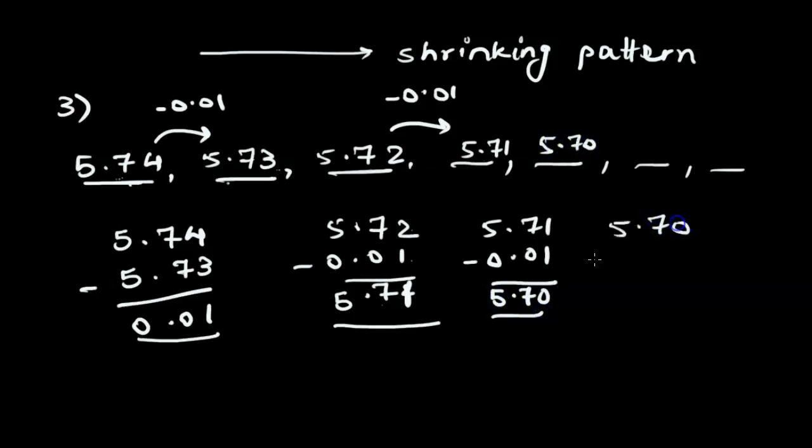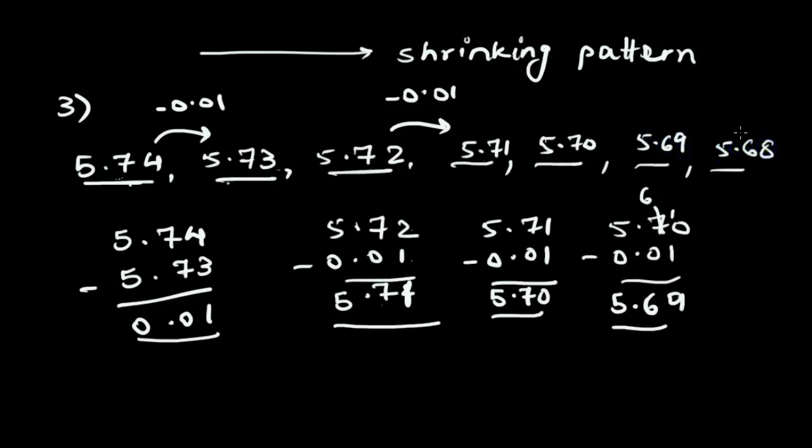Next we do 5.70 minus 0.01. We get 6 here, 10 here, 10 minus 1 is 9, 6 minus 0 is 6, 5 minus 0 is 5. We get 5.69. Next is 5.68, and so on. We can fill up more blanks if we have them. So this is how we find patterns if it's a growing or shrinking pattern, and we have decimals with 2 places.